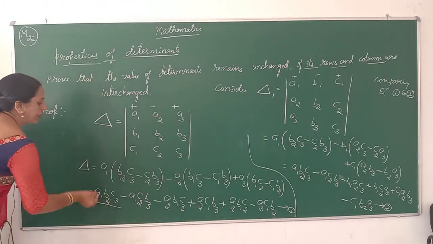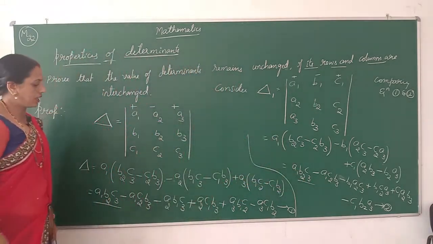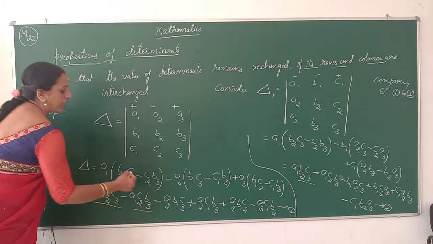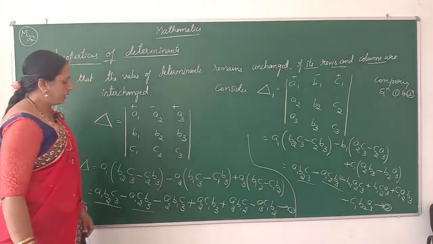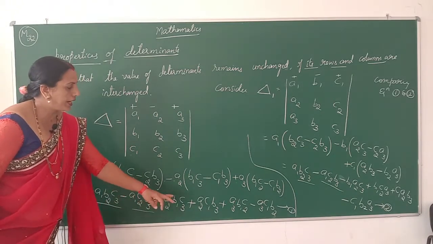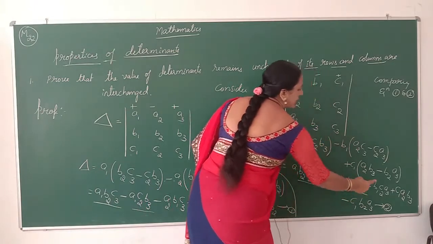Now the first element A1 B2 C3 is also plus A1 B2 C3. Next element, minus A1 C2 B3, minus A1 C2 B3. Third element, minus A2 B1 C3, minus A2 B1 C3.